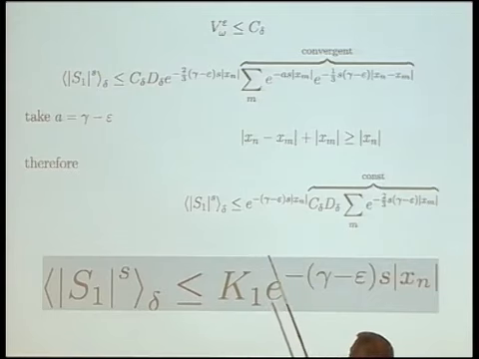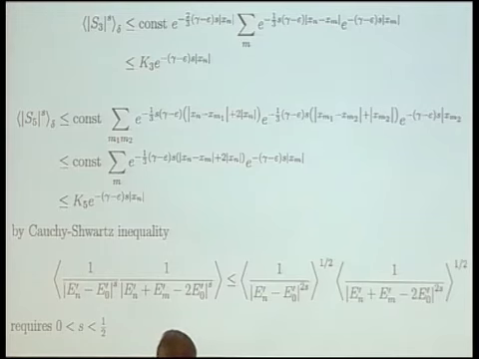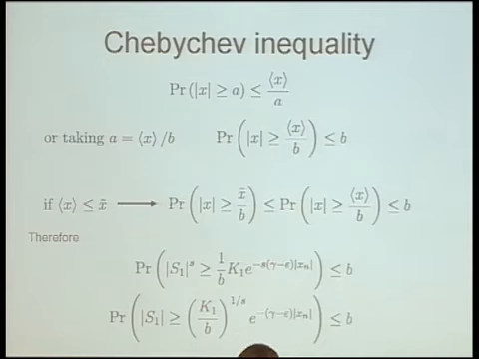And then the next step: now we have to produce a probabilistic bound. This is a technical detail for some of the terms. You have two of them, then you have to make s smaller than a half, and then you use the Chebyshev inequality.